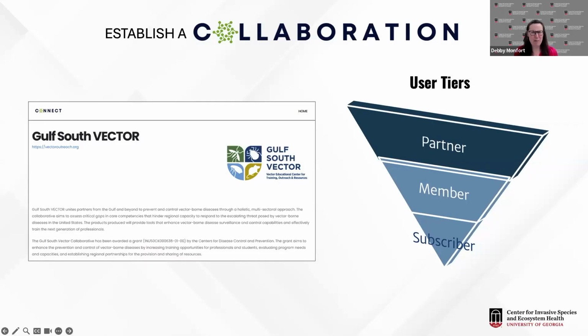And then subscribers, well, those are the users who we're trying to reach and bring into the network for this project with outreach and communication. So an example would be the students or pest control operators, mosquito abatement districts in regard to this particular project. Those are the people that we want to know that Gulf South Vector exists.